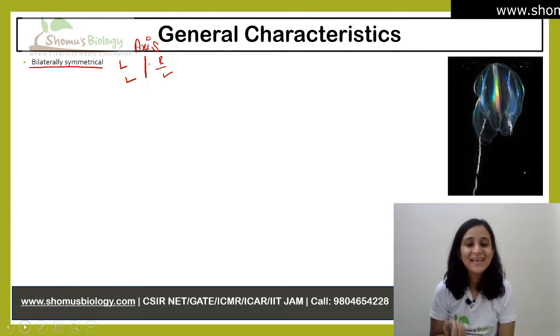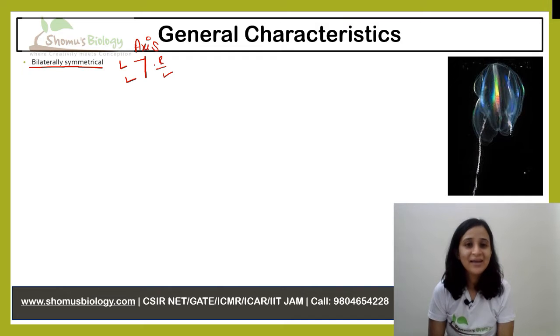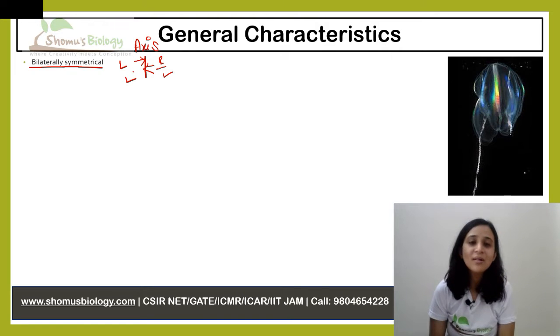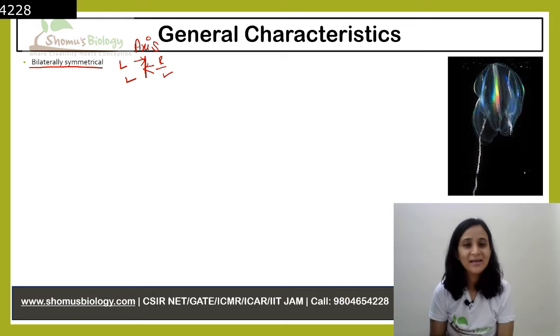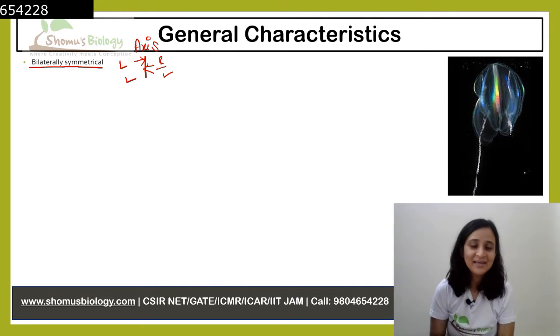Here you will get mirror images of them. So the left side is a mirror image of the right side and the right side is a mirror image of the left side. Symmetrical or equal organs, tissues or parts you can find on both the left and right sides.